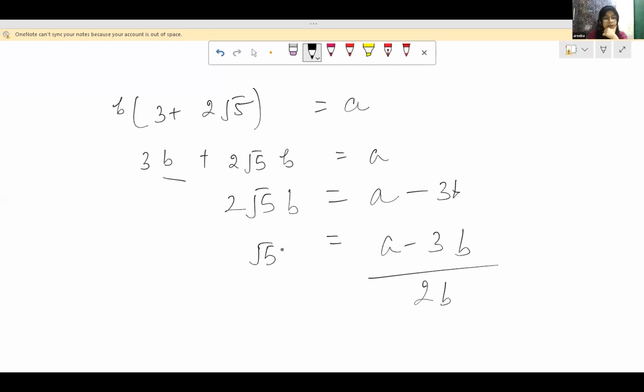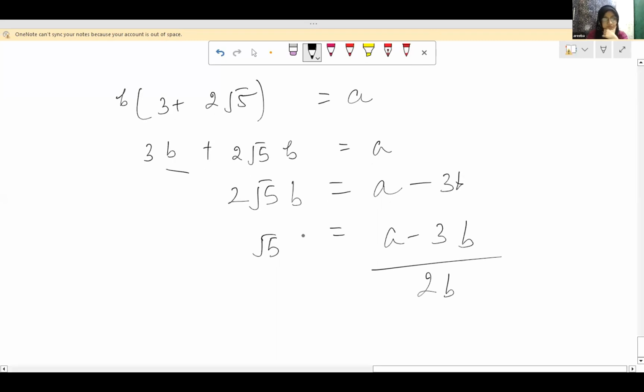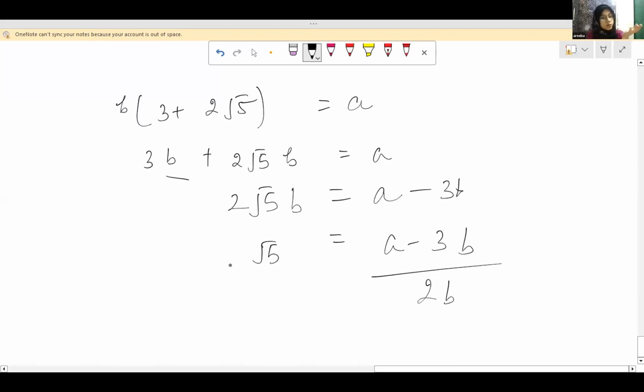Now what else? Yes, Afreen, what else? We already know that root 5 is irrational. But the right side part is rational, and hence, it is integers, so root 5 is irrational.